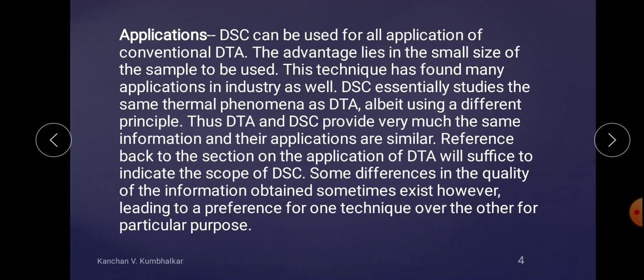G is nothing but a calibration factor, m is the mass, delta H is a change in heat or energy, and K is the constant. So on the basis of peak area, you can carry out a final result, or you can apply the quantitative estimation of the substance. You can quantitatively estimate the substance.